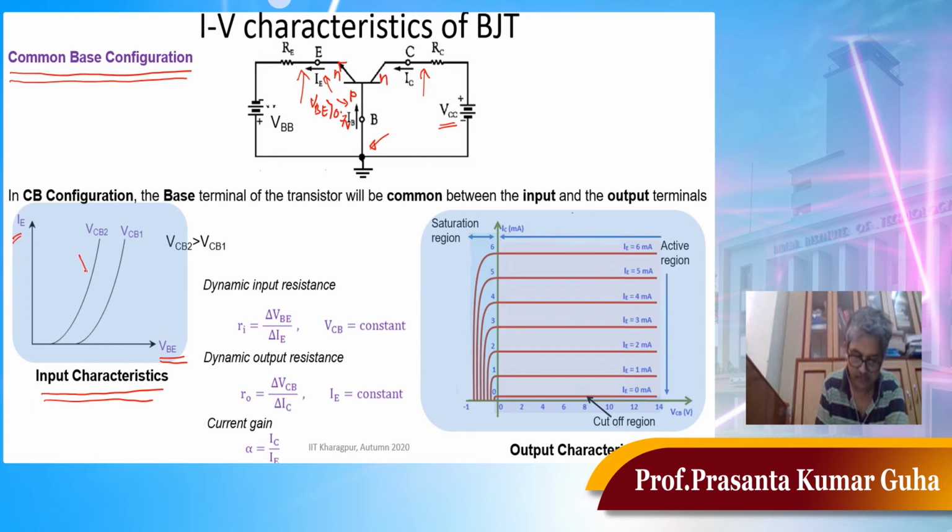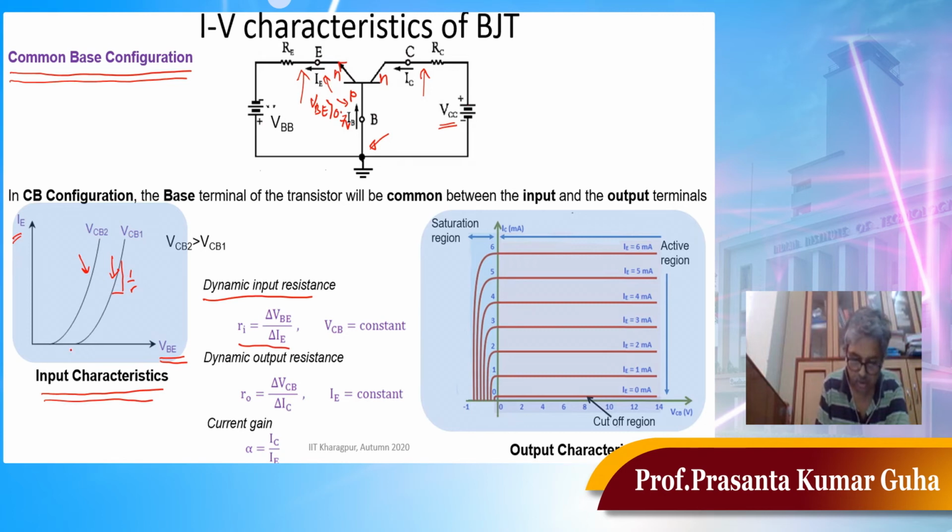There are two points I would like to mention. If you take a slope here, you get a resistance known as the dynamic input resistance, that is delta VBE over delta IE.